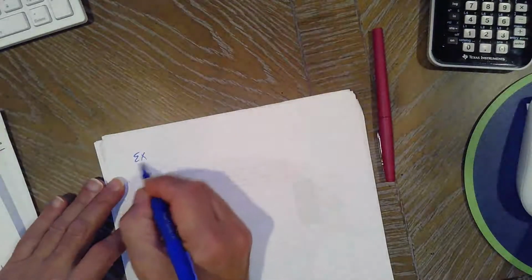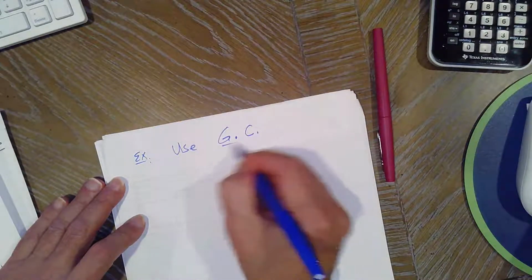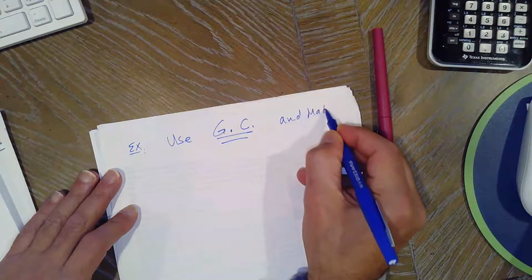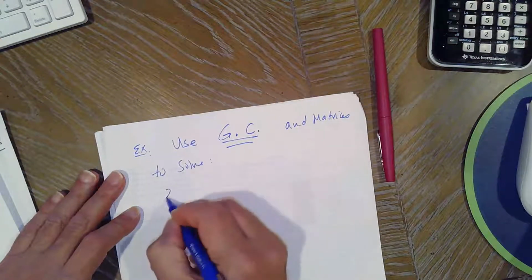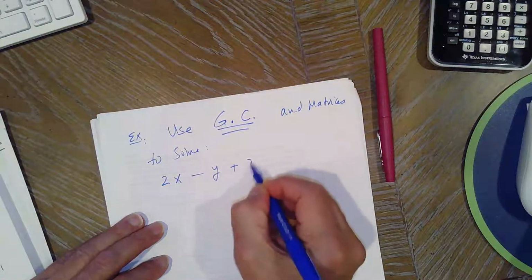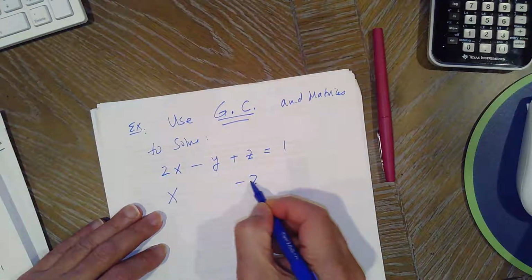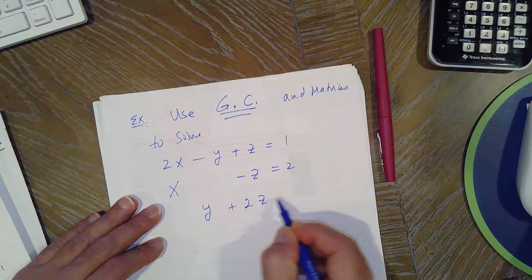So on the test, it will say use graphing calculator and matrices to solve 2x minus y plus z equals 1, x minus z equals 2, and y plus 2z equals 5.